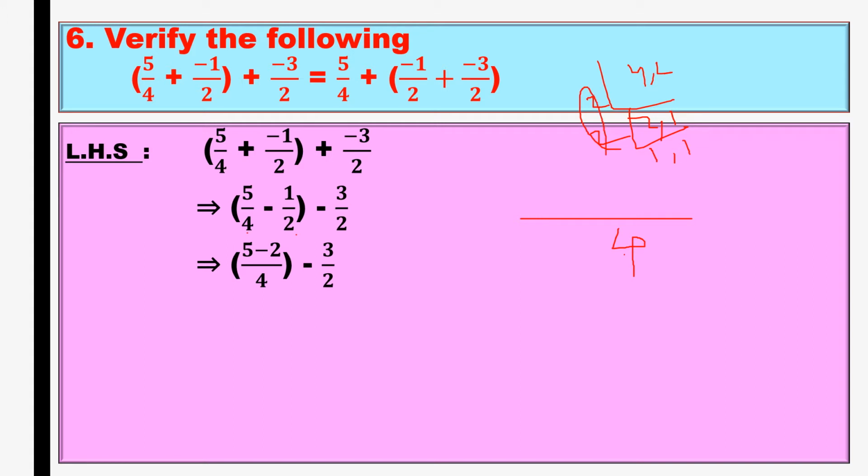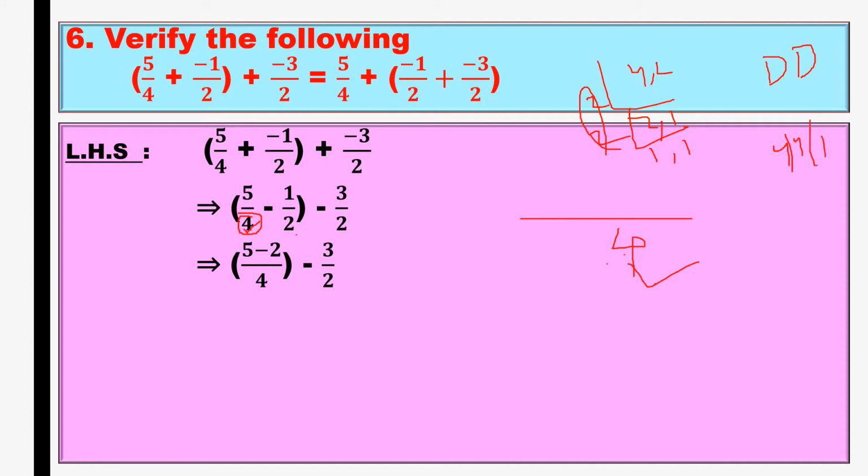Okay, now see the denominator, take the denominator and divide with the LCM. Okay, just remember like this, divide denominator. First you should divide the denominator with LCM. So 4 divided by 4 is 1.